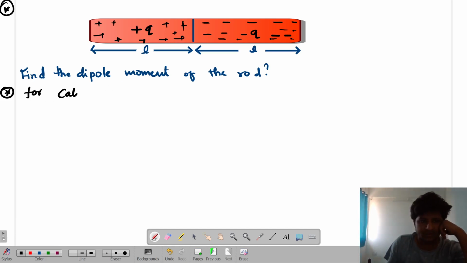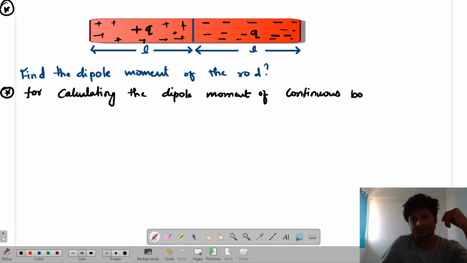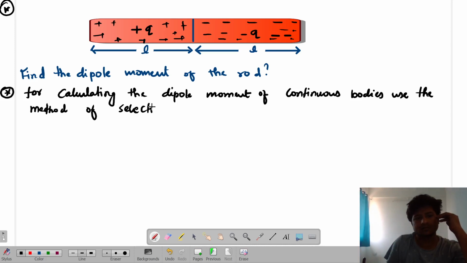For calculating the dipole moment of continuous bodies, use the method of selecting the charges at the center.